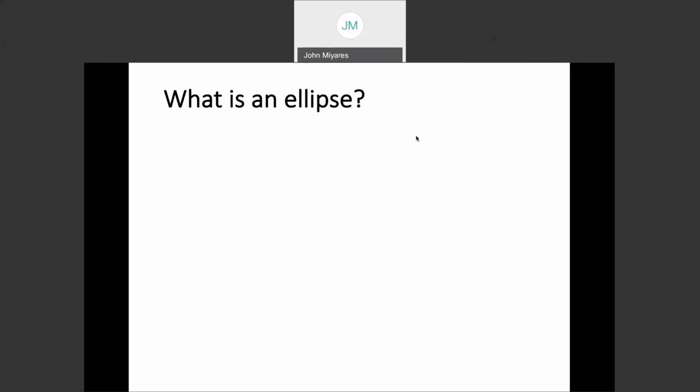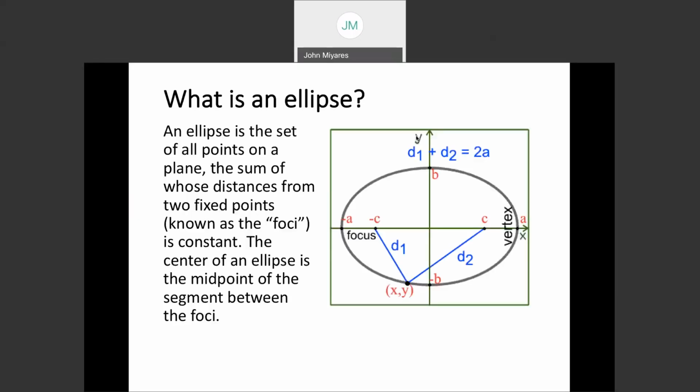So what is an ellipse? Our formal definition is given here. An ellipse is the set of all points on a plane, the sum of whose distances from two fixed points known as the foci or focal points is constant.